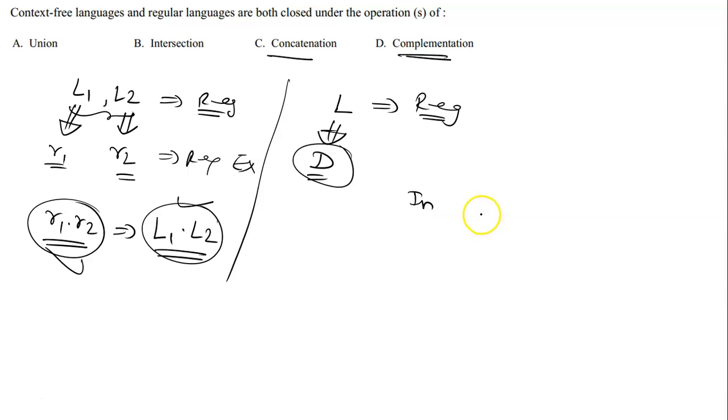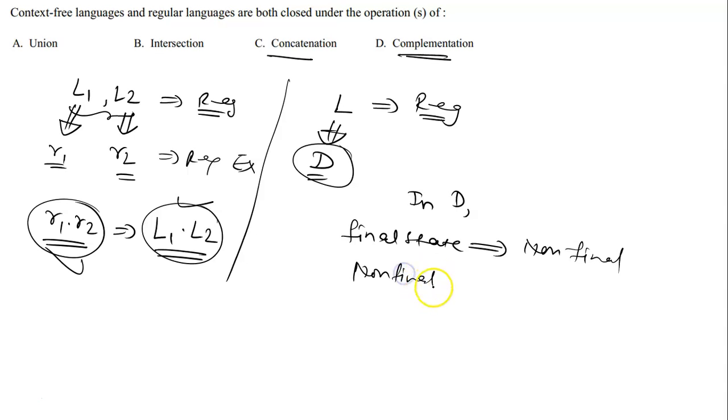To construct the DFA for L complement, what we are going to do in this DFA D is exchange the set of final states with the set of non-final states. We convert all the final states into non-final states, and all the non-final states of D into final states.